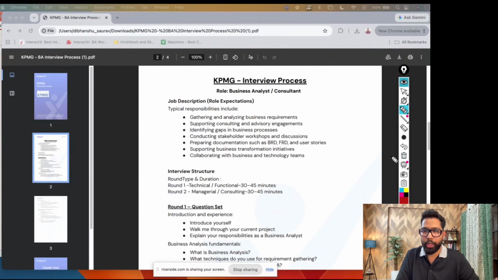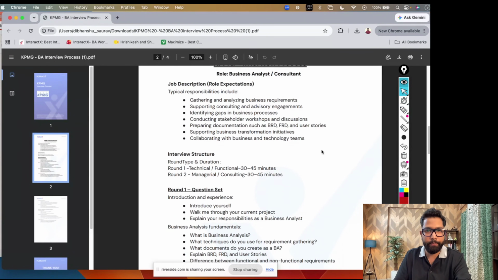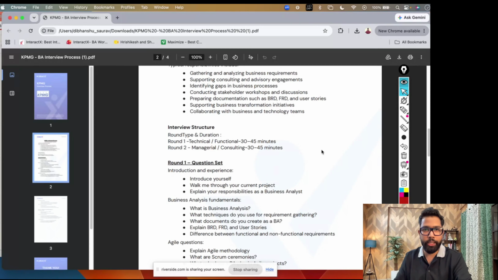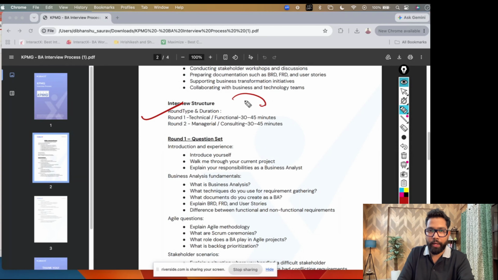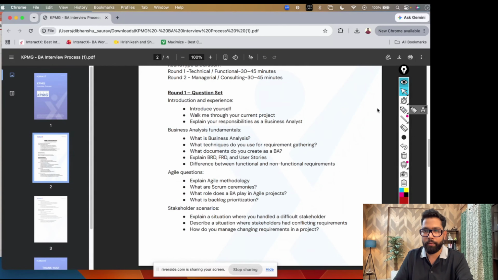However, sticking to this particular job description and the questions asked to this given applicant, if we go through the interview structure, this interview just had two rounds. Round one, technical and functional, close to 30 to 45 minutes, followed by managerial and consulting, another 30 to 45 minutes. So first, let's look at round one, what question sets were asked as part of this round.